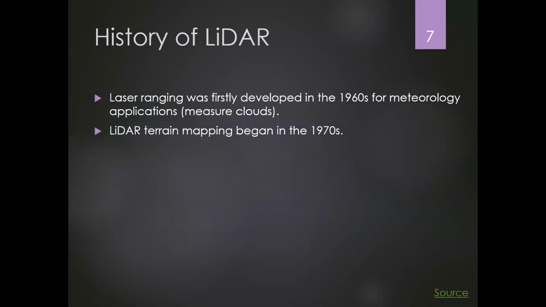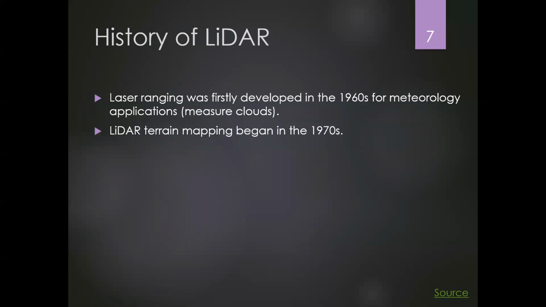And the history of LiDAR. At the very beginning, laser ranging was developed in the 1960s for meteorology applications, because it cannot penetrate clouds, so it can be used to detect clouds. If you shoot a signal to the sky and it is reflected, then you know there is a cloud.